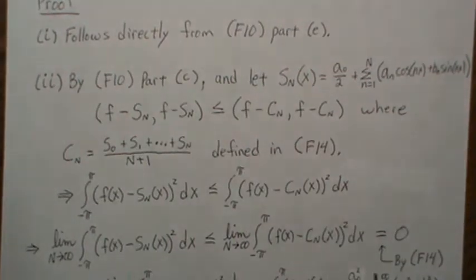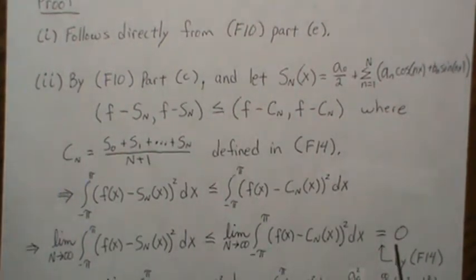Now, in video 14, we showed that this Cesaro sum of the partial sums actually converges uniformly to f of x. So this inner product converges to 0, which says this converges to 0. Now we're almost there. So this limit converges to 0.